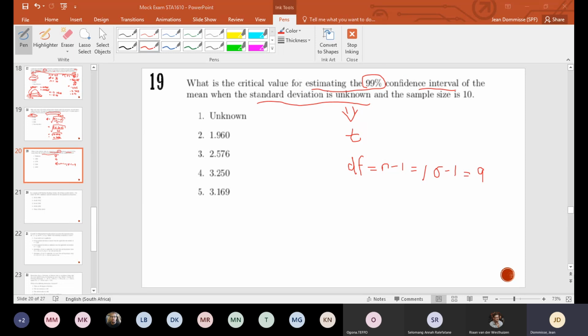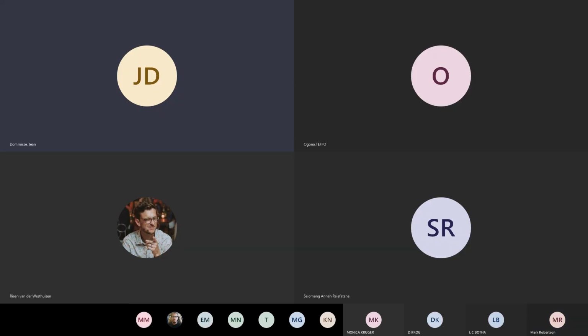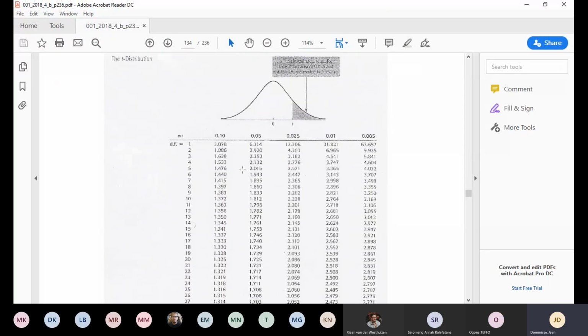So let me share the t distribution table with you so that we can quickly sort that out as well. Okay, t distribution. We know the degrees of freedom is 9.